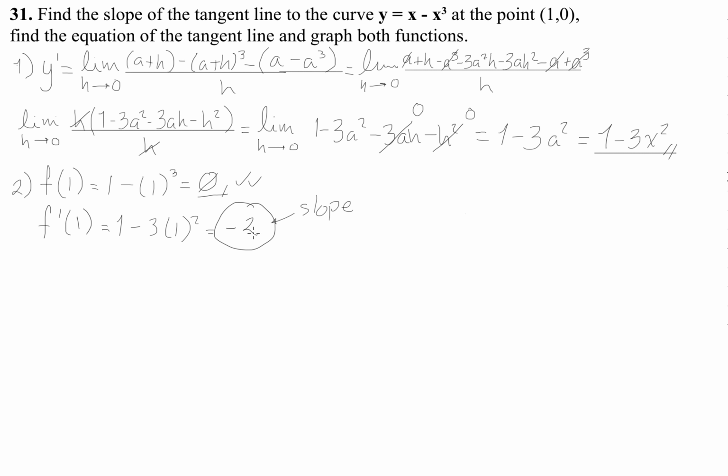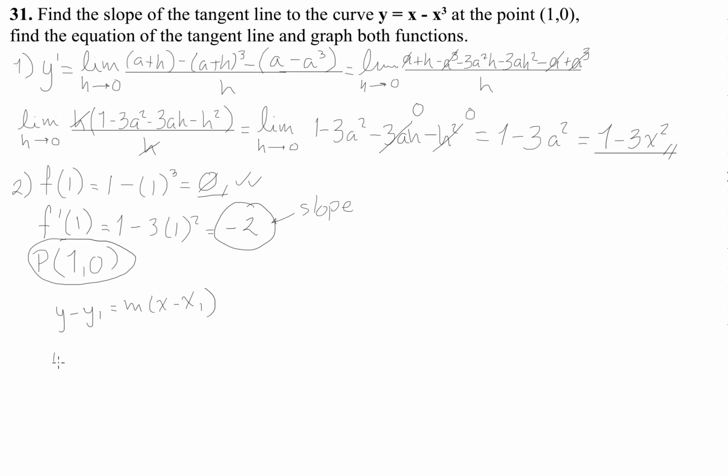We have a slope, and we have a given point, (1, 0). So with a slope and this given point, we can use our point slope form. That is y minus y1 is equal to m times x minus x1, where y and x are our variables, and y1 and x1 are the values for the coordinates of that point, obviously.